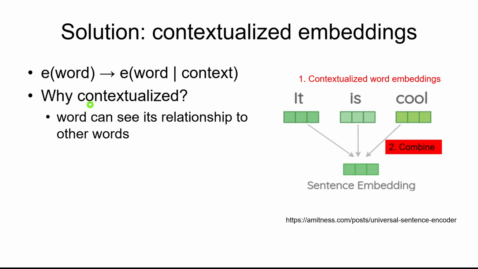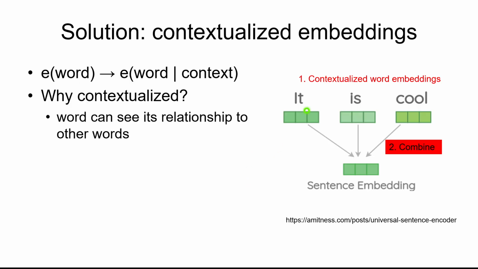So why do we want to do this? Because by using contextualized embeddings, each word can actually see its relationship to other words, so that we can get a richer meaning for specific words. By doing that, we can better combine these contextualized embeddings to form the sentence embedding. So this is what we want to do in the next few slides.